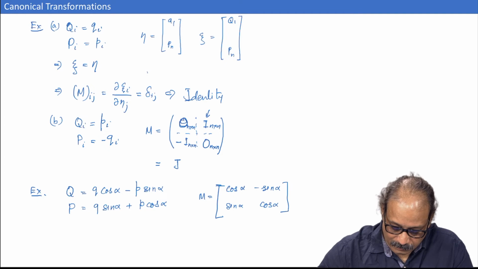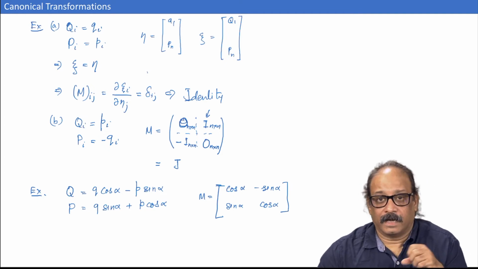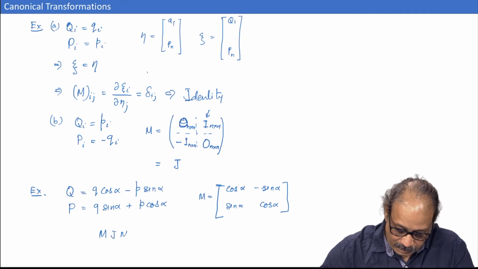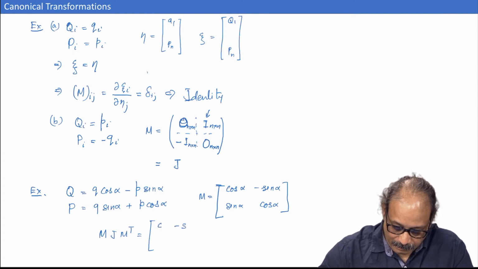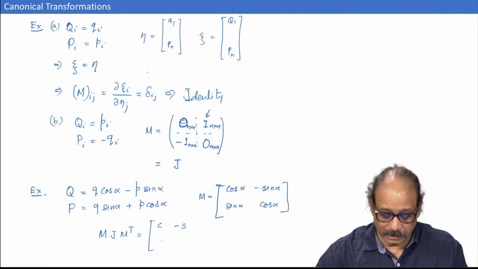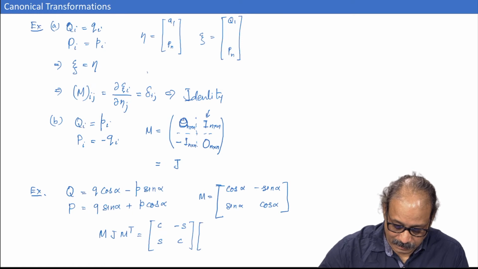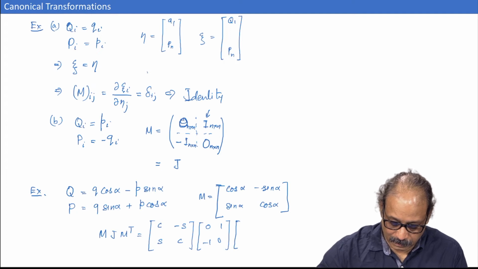and cos alpha. Can I ask you people to verify now that M J M transpose would be equal to this matrix with entries cos alpha, minus sin alpha. I am writing this in a shortcut. So, sin alpha, cos alpha, and then you have 0, 1, minus 1 and 0, and then remember it is a transpose now.